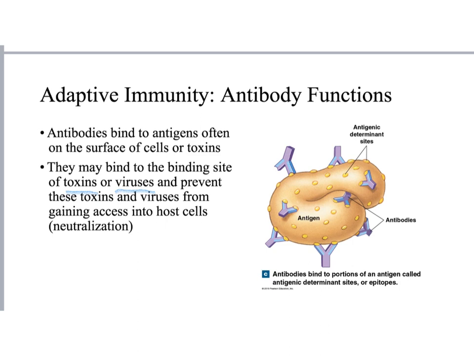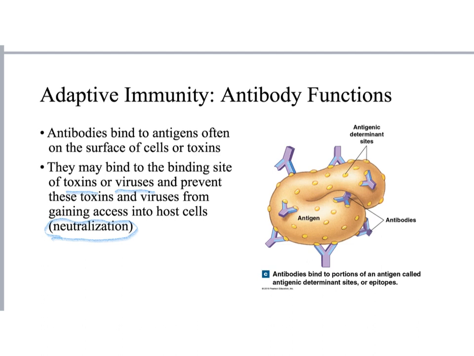Well, antibodies can bump into those viruses and detect the foreign antigens and can actually bind to them in such a way that they're unable to then enter your cells and reproduce themselves. So they can be very helpful in preventing viral infections. And we call that process of either grabbing a hold of toxins or binding to viruses and preventing them from infecting cells, we call that neutralization, because they've really stopped the toxin or the virus before it has a chance to do any harm.